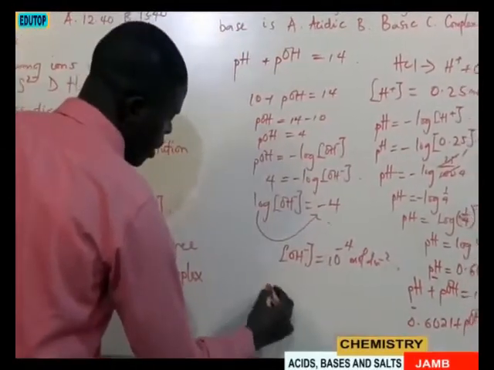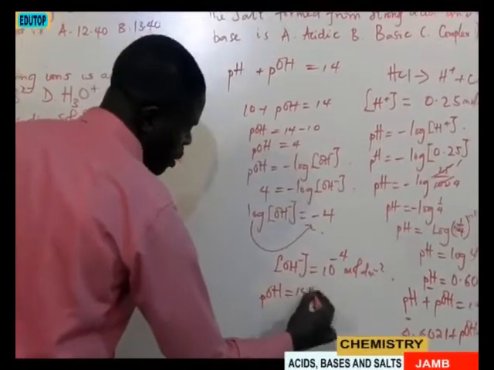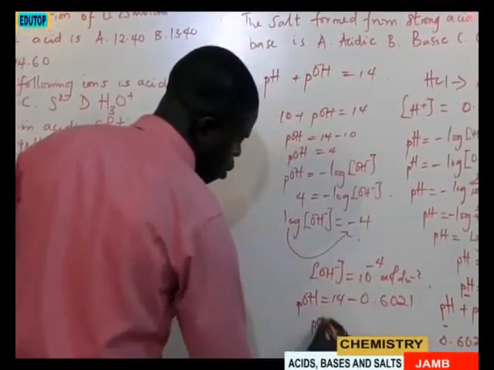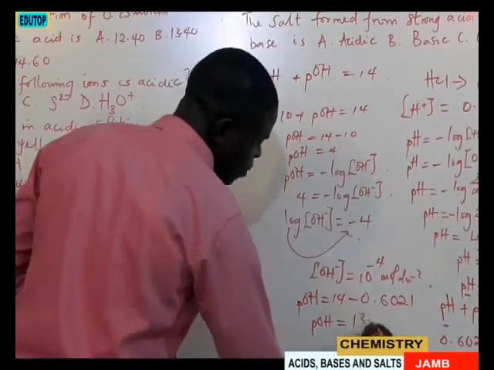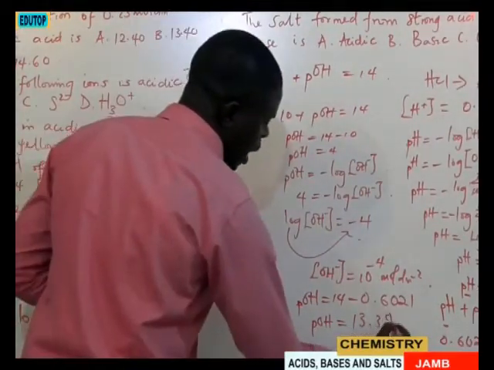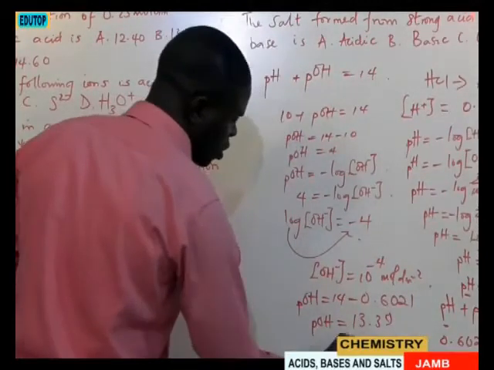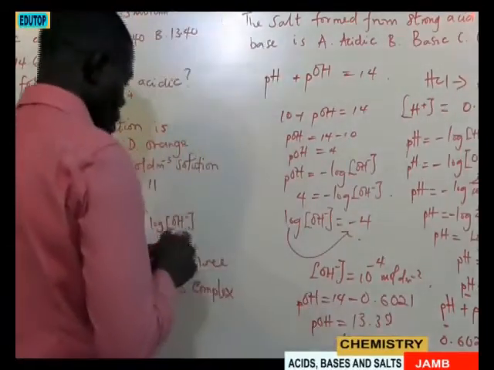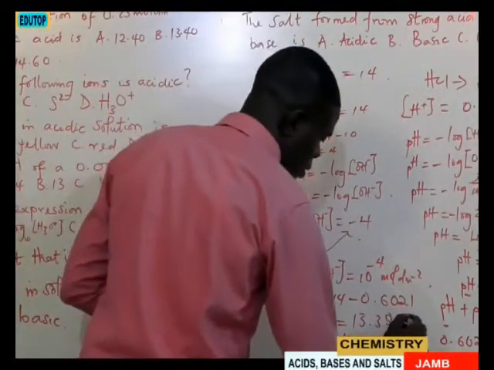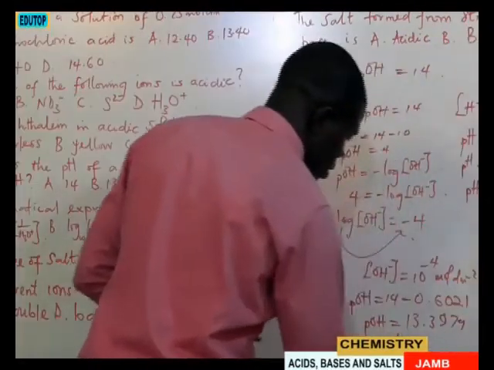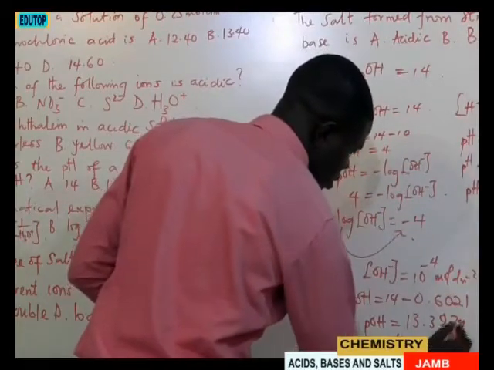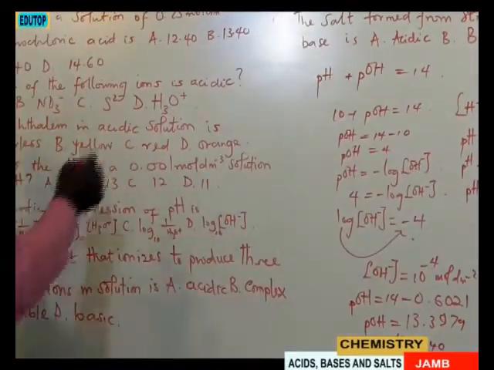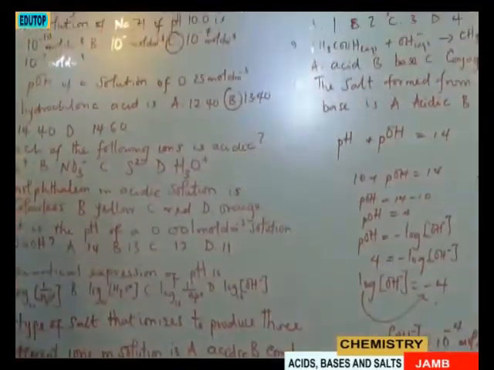Then pOH equals 14 minus 0.6021, and that will be 13.397, which is approximately 13.40. That's our pOH. So automatically we go to our options and see the one that matches that. That's option B.